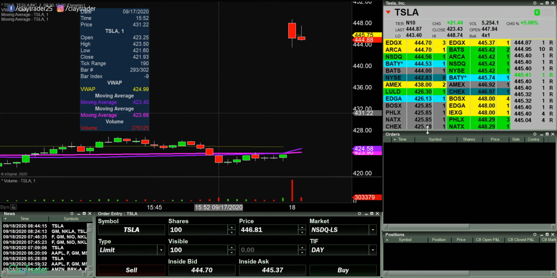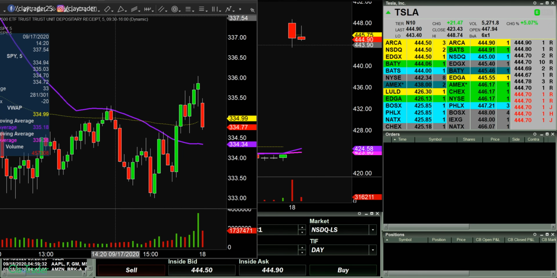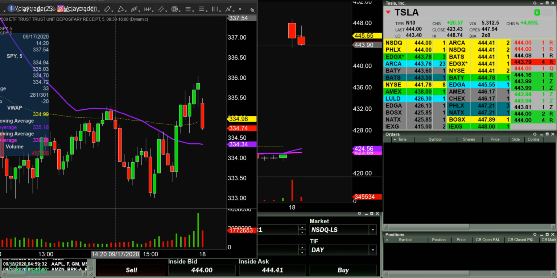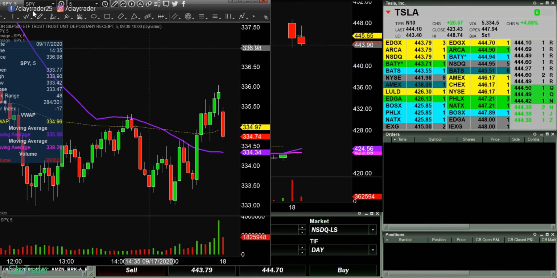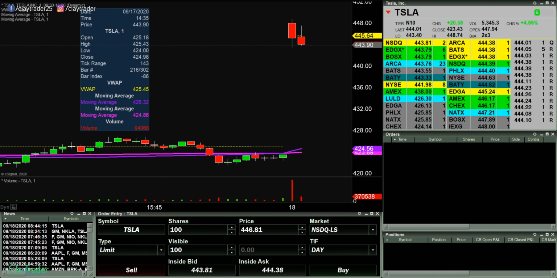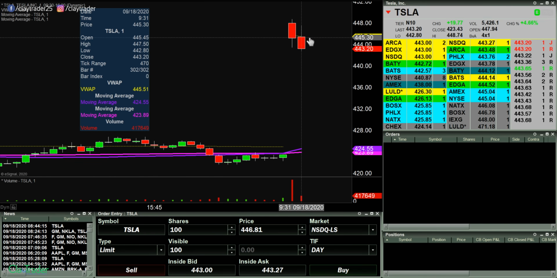Nice. There we go. So what I'm watching right now is this SPY 5-minute. You can see right here, the SPY is going down. So my theory right now, and what I just told the chat room, is I think if this starts to bottom out and behave like it wants to move back up, then Tesla should go very nicely. Because right now, markets are dropping and Tesla has just been going sideways.